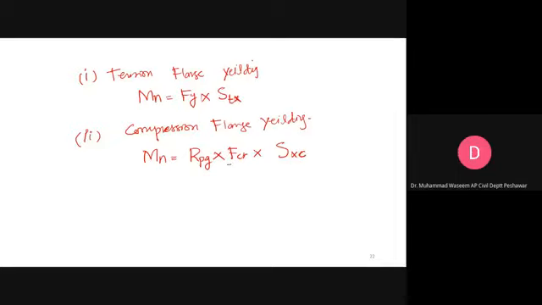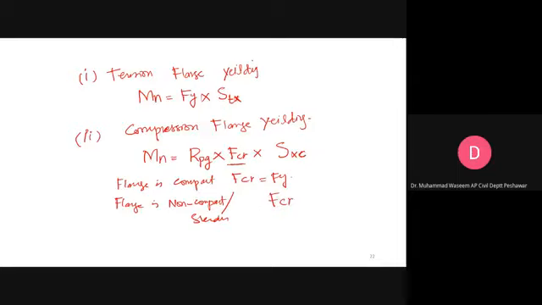But we could not find this one, okay? If the flange is compact, Fcr was equal to Fy. If the flange is non-compact or slender, then you have to calculate this Fcr using some empirical equations, okay?